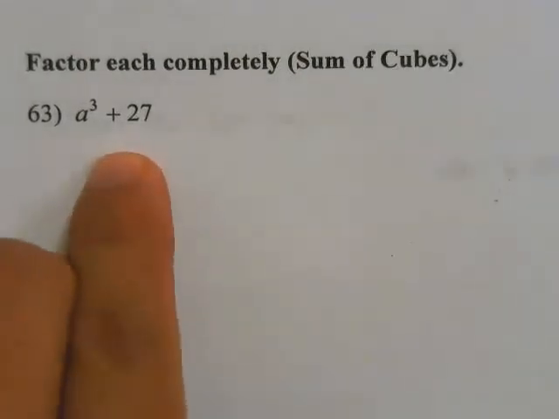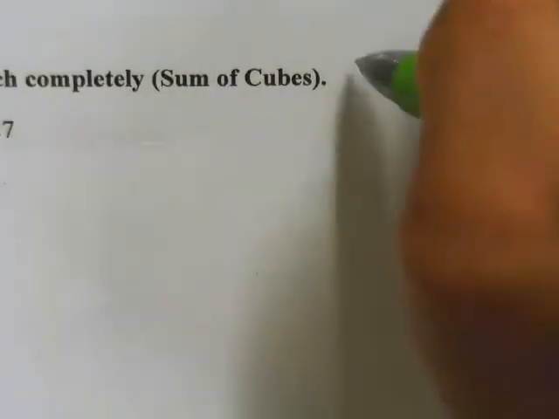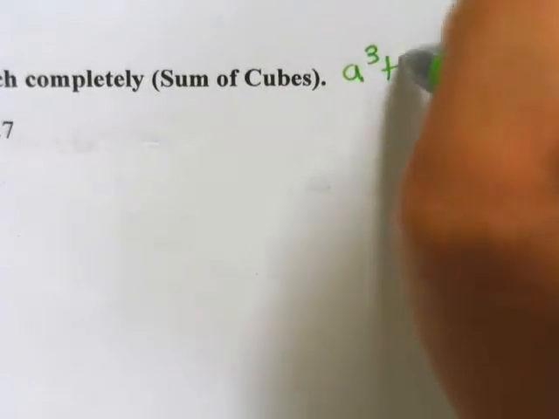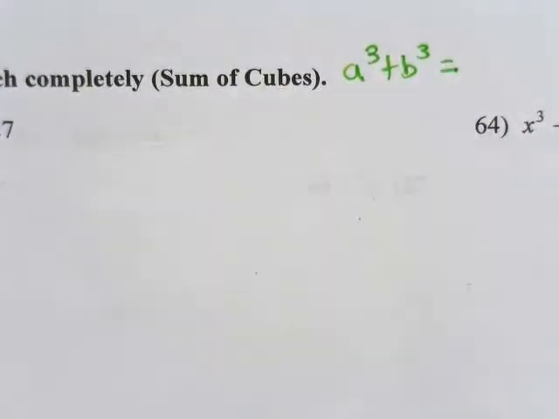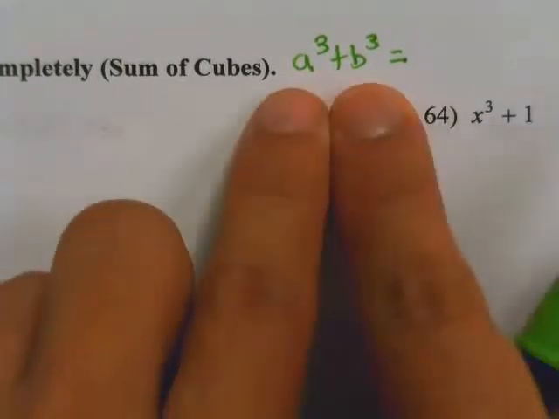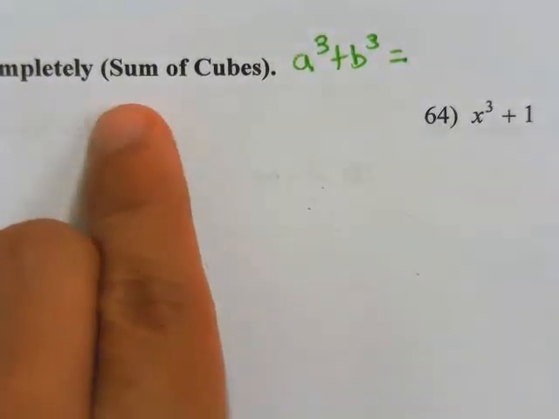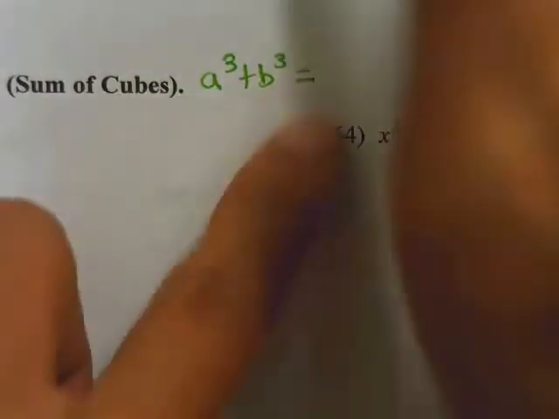Sum of cubes. Here is the general rule, and I'm going to write it down over here. If you have two terms that you can cube root, and there is a plus, which is hence called sum, this is how you're going to factor it.